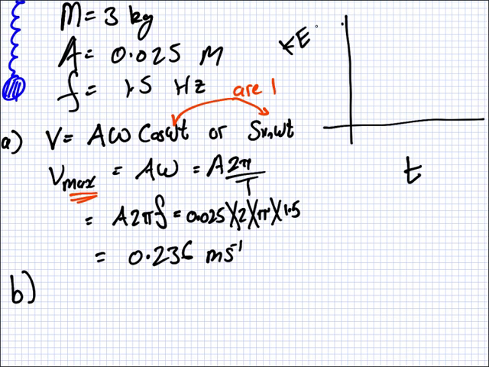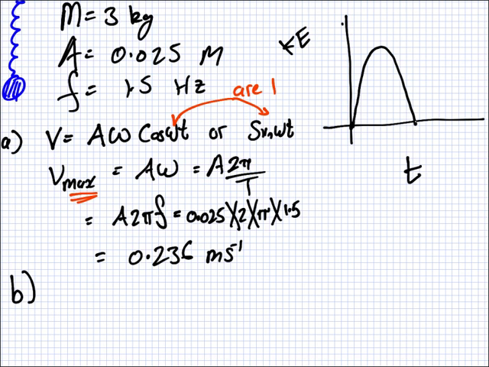If you imagine you pull this down and let go, and it goes down, up, down, the kinetic energy goes up, down, then up, down. So 0, bigger, bigger, bigger, bigger, smaller, smaller, smaller, smaller, 0.